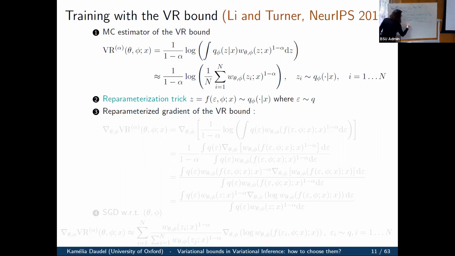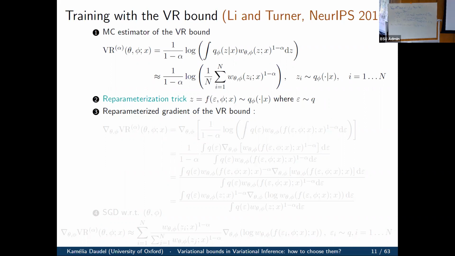This is equal to the weights. Cool. Right. So the gradient with respect to theta and phi is the weights times the gradient of the log of the weights.